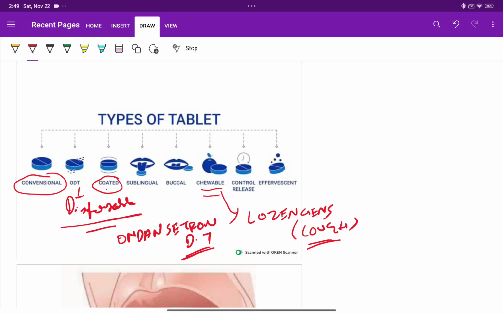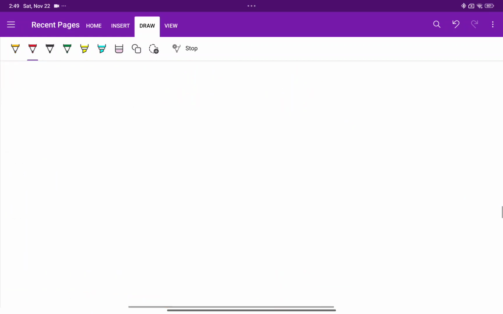Then controlled release tablets, which usually act for a long period of time. Then effervescent tablets: we put the tablet in a small glass of water, it gets dispersed and becomes like a liquid solution, and then we take it. These are usually given for gastritis. These are the different types of oral forms.